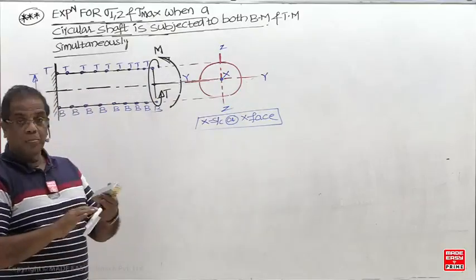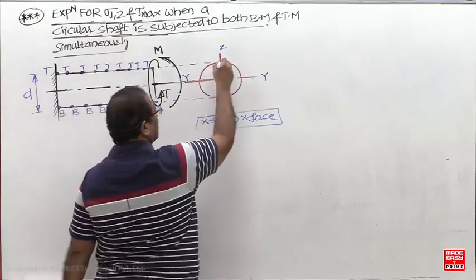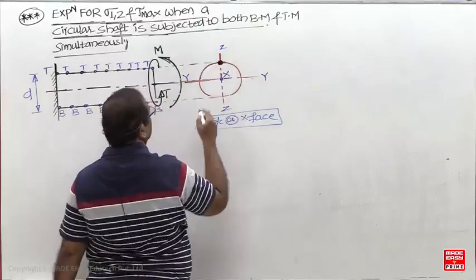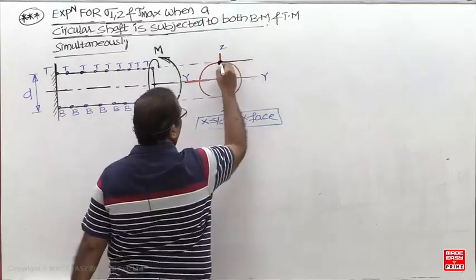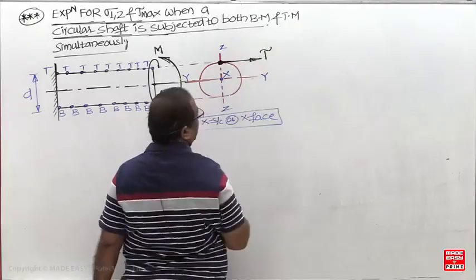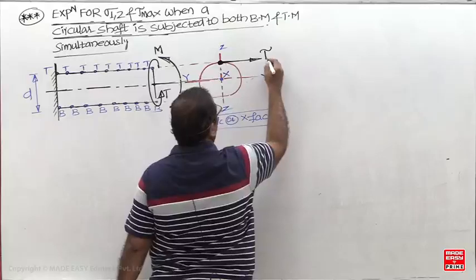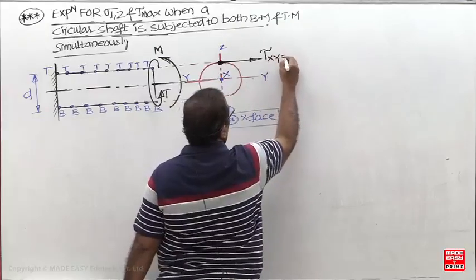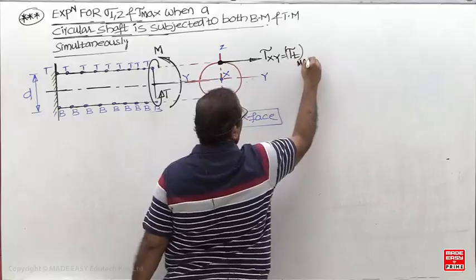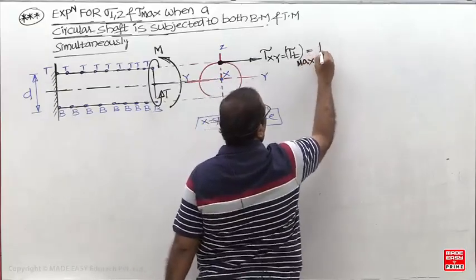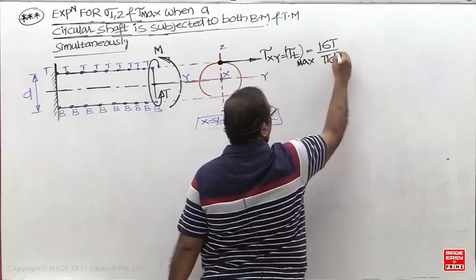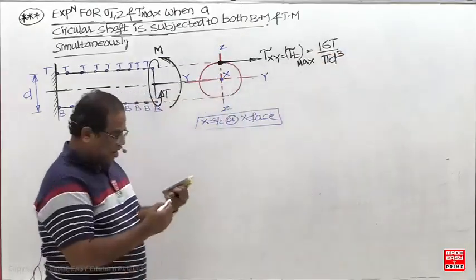Both top and bottom are critical. Here, T by pi d cube.